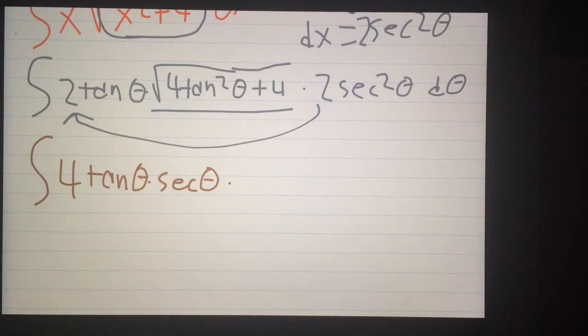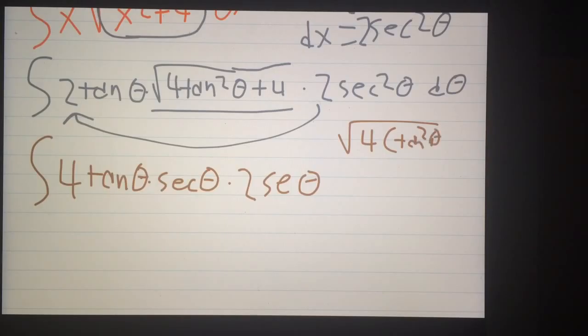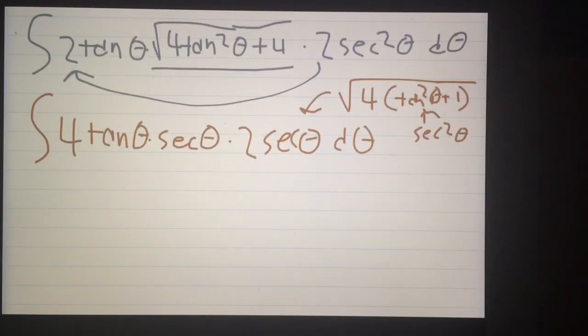So we can simplify it down to 2 secant theta. And so let me just rewrite that. So we would have 4 times tan squared theta plus 1. This equals secant squared. And from that we can simplify it down to here. d theta, of course. So now, this also looks like an unusable form. But it's not really. Oops, we forgot a squared over here.